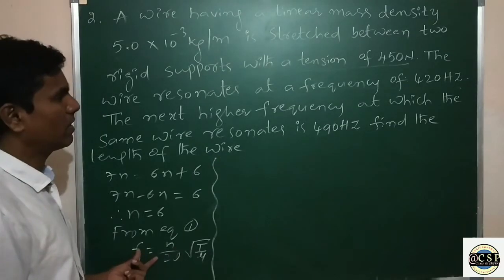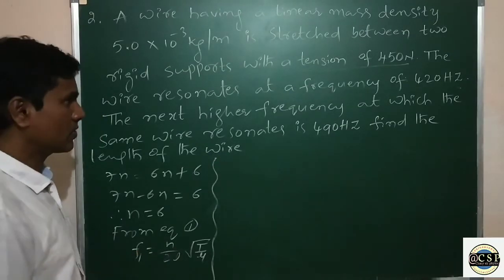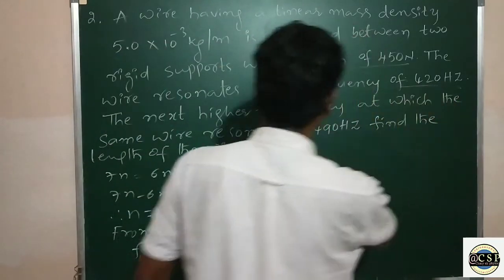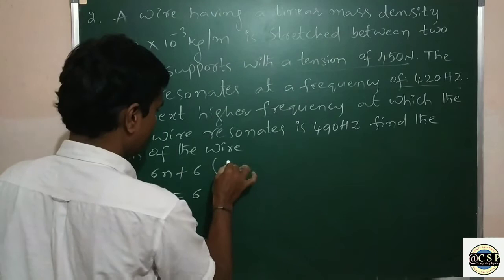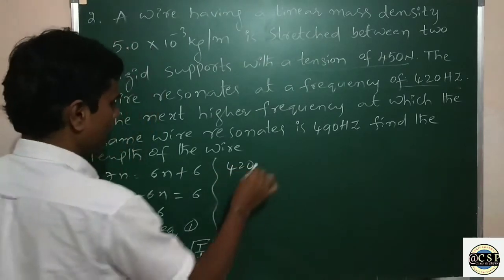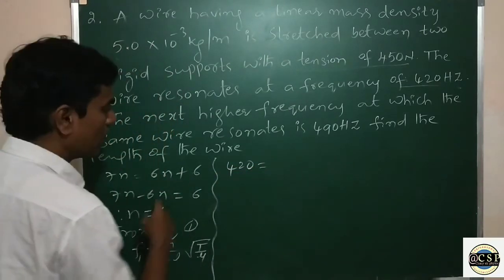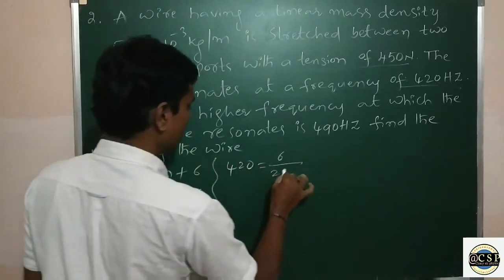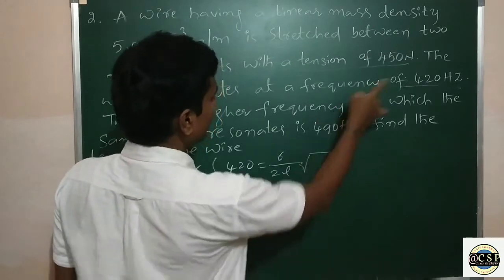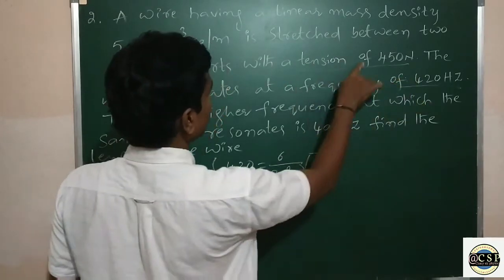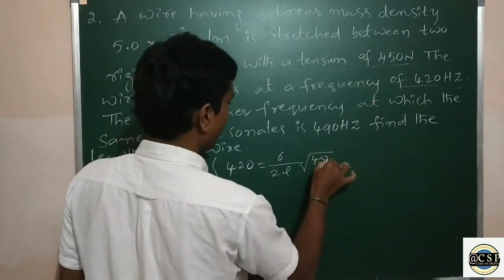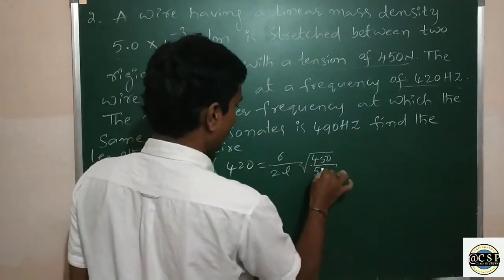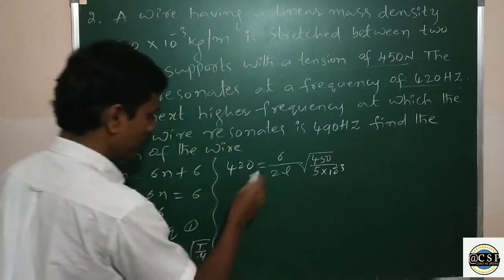The frequency is 420, so 420 is equal to 6 divided by 2L, where T, the tension in the string, is 450, divided by mu, which is 5 into 10 power minus 3.